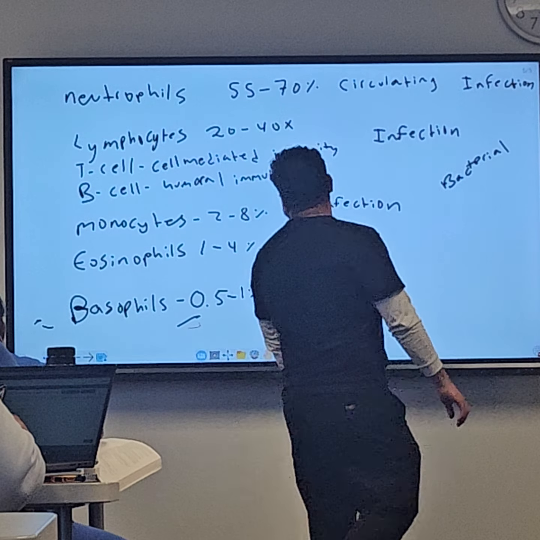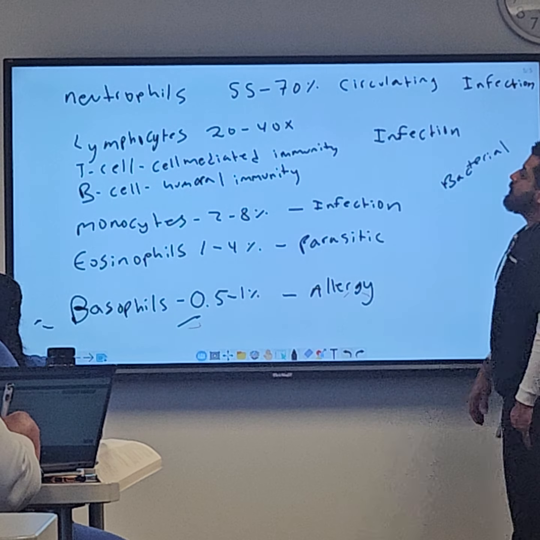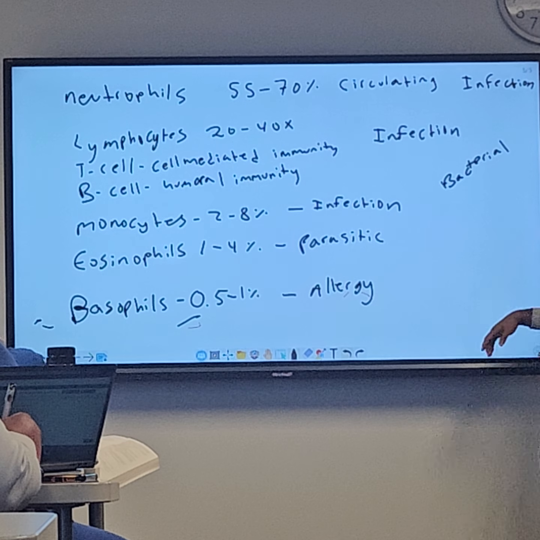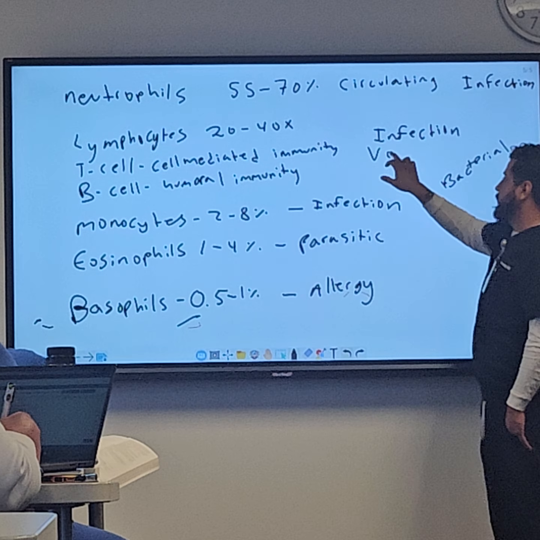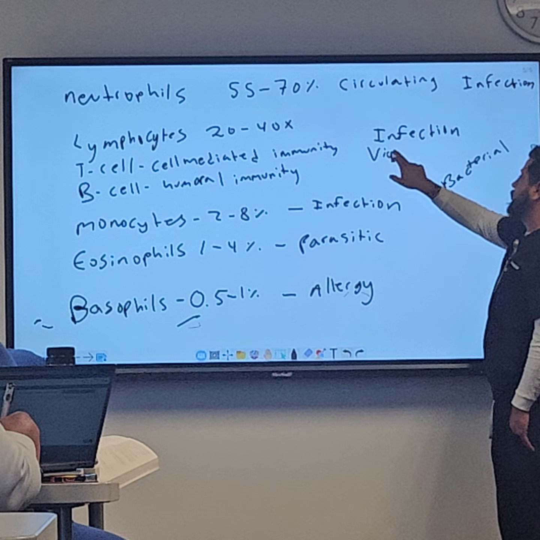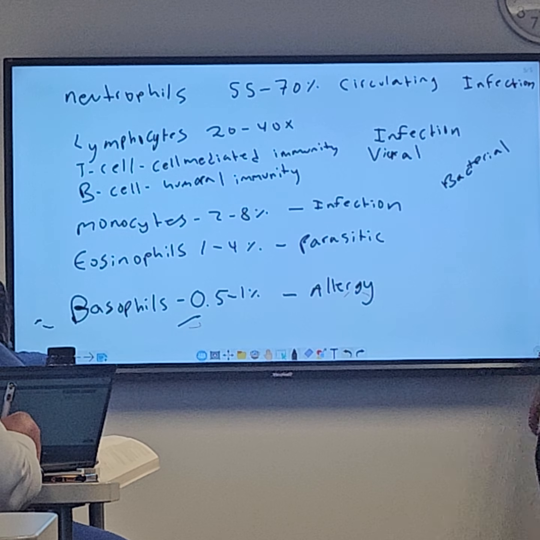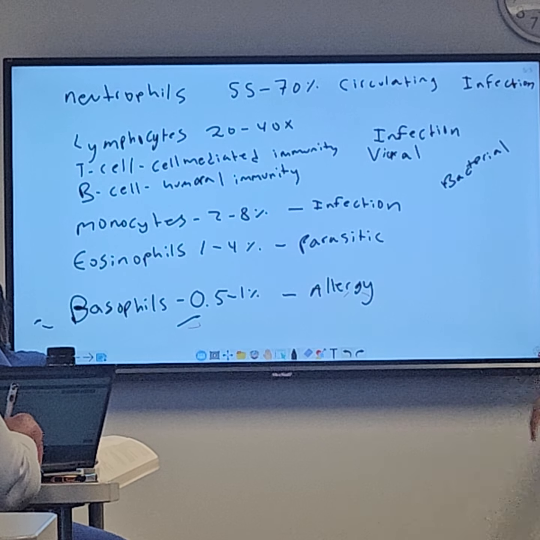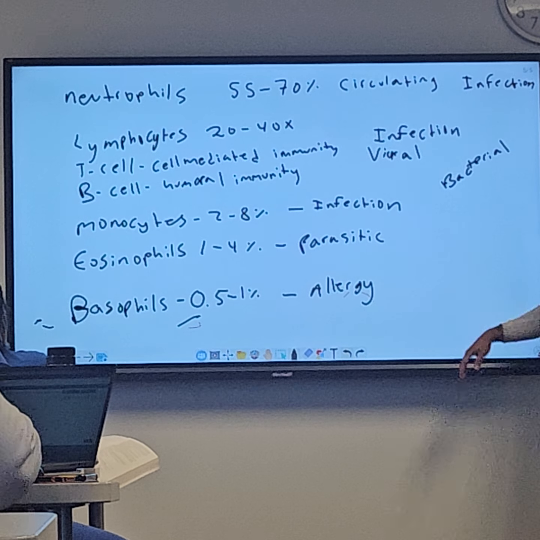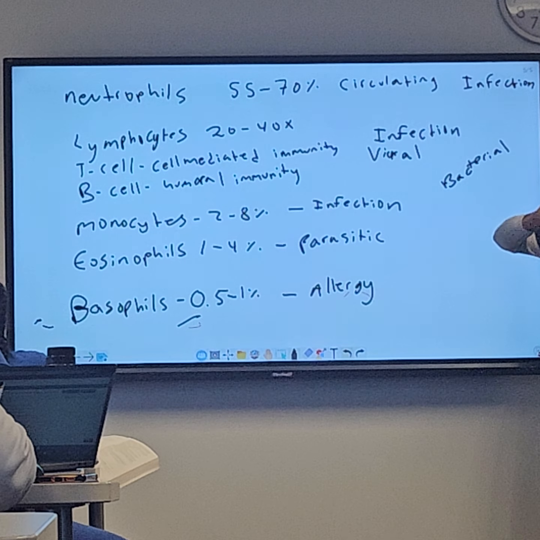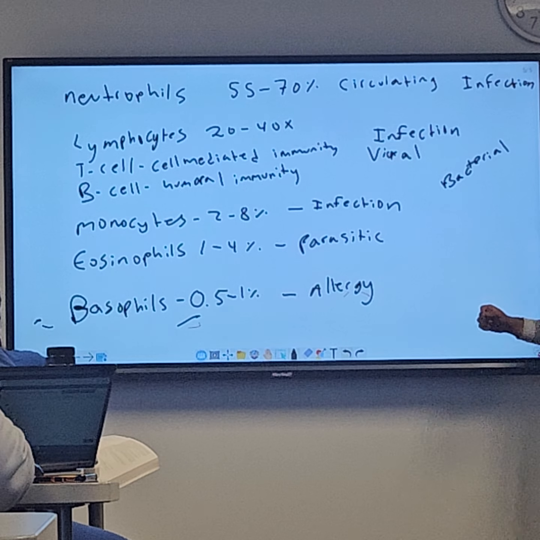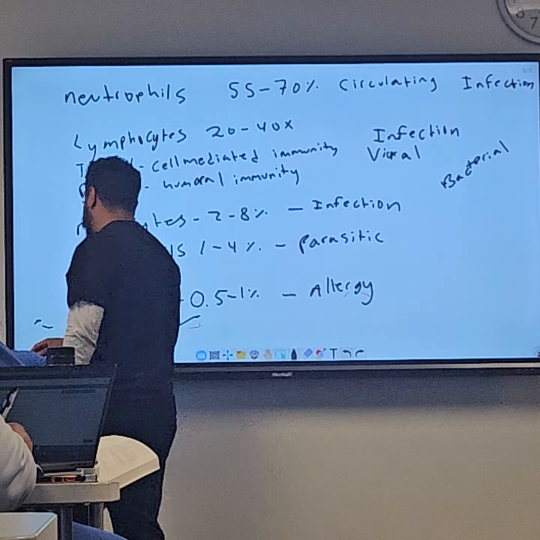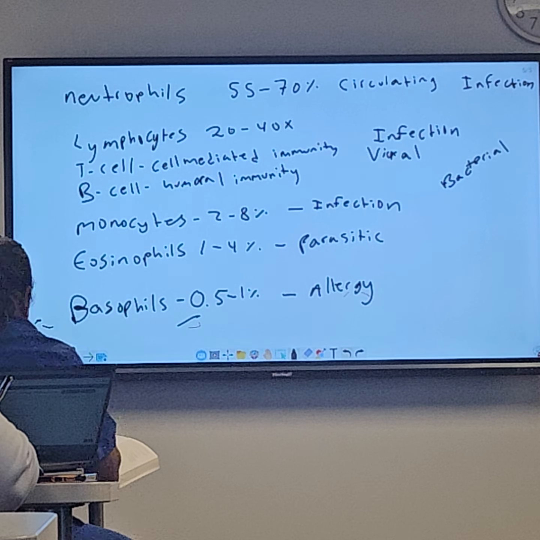So neutrophils, lymphocytes, monocytes will respond to infection with bacteria, and in certain cases, lymphocytes are more effective towards viral. Neutrophils are very generalized, just going around killing stuff. T cells and B cells are more specialized. B cells produce humoral immunity, and the T cells cell-mediated.